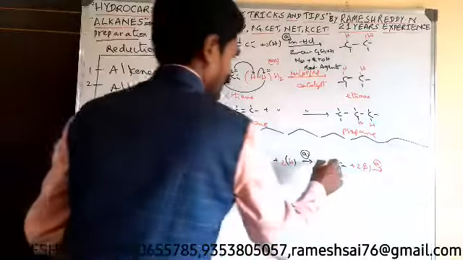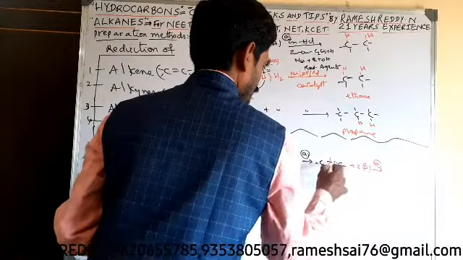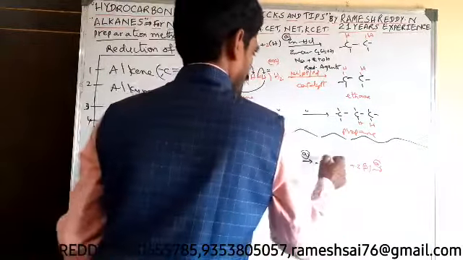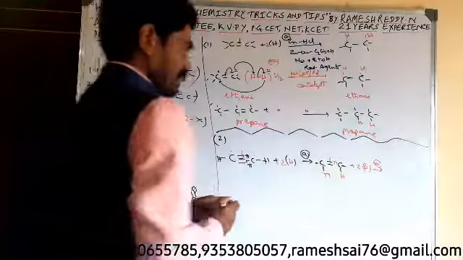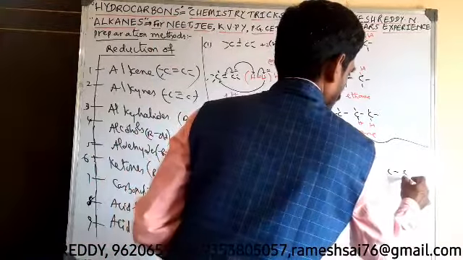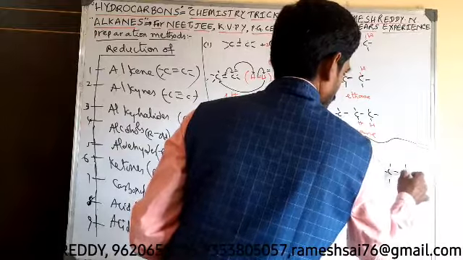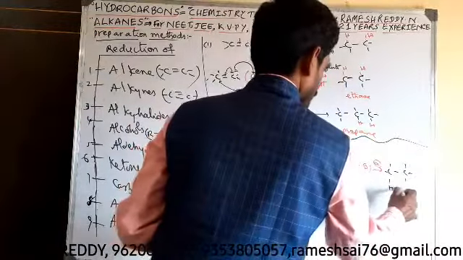Here also the pi bond undergoes cleavage, and to this carbon 1 hydrogen, to this carbon 1 hydrogen is bonded. Then finally you will get alkane, right?